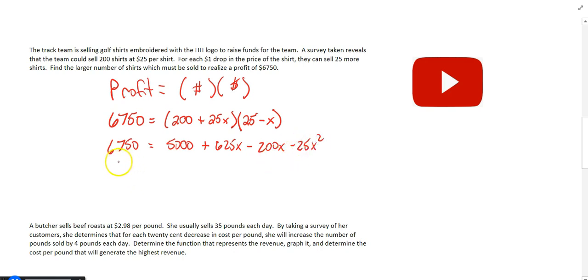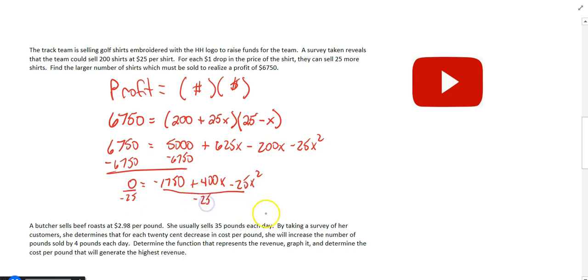And now if I subtract 6750, I get 0 equals negative 1750 plus 400x minus 25x squared. Now I notice right off the bat that if I divide by negative 25, I get something pretty easy to work with.